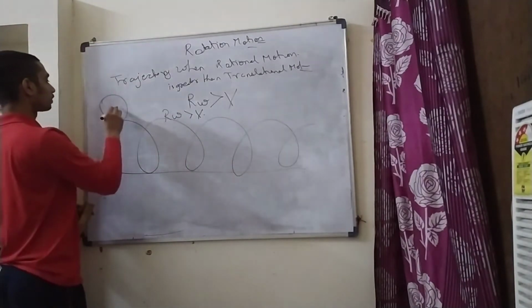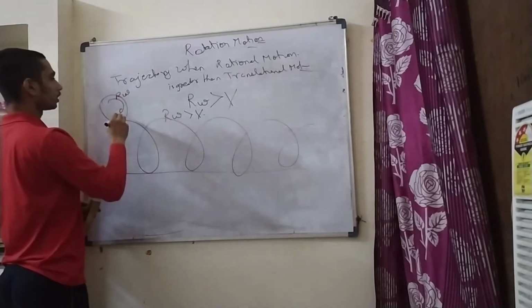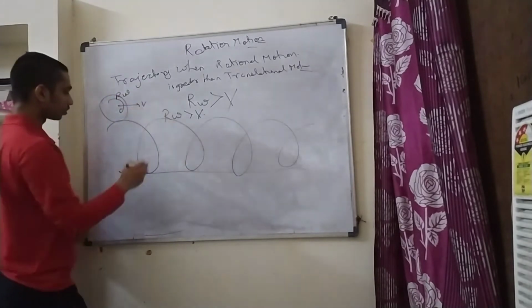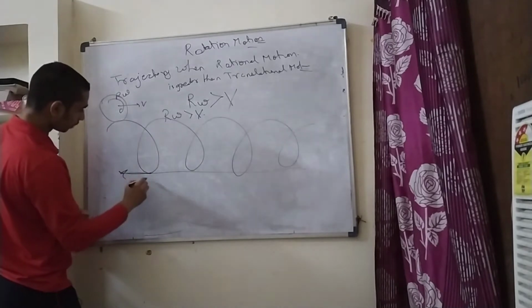So it is a disc having rotation as r omega and speed as v. So here the slipping tendency is very more.